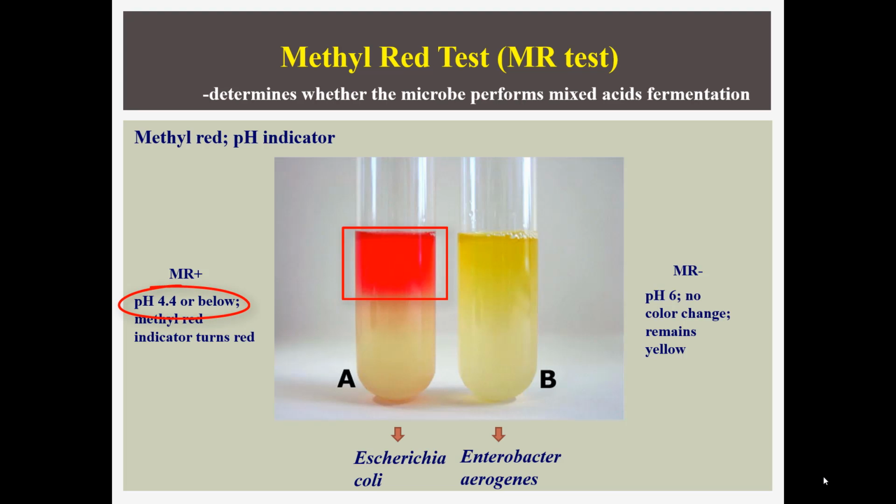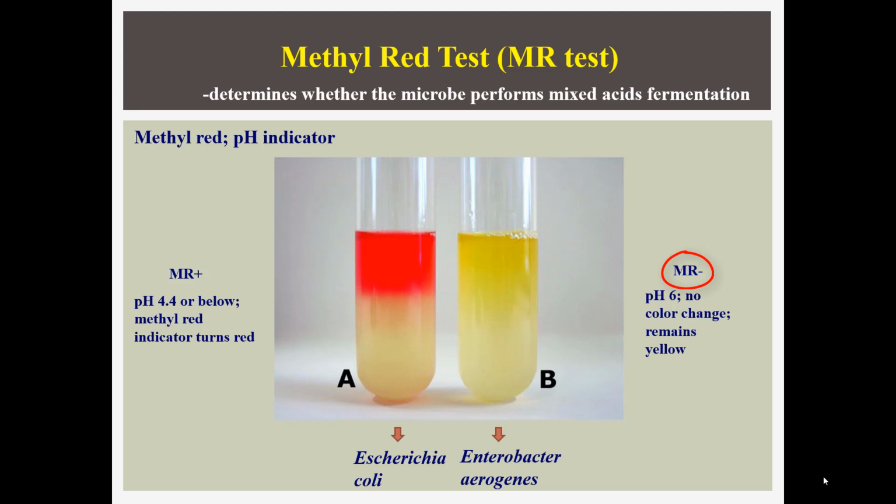The pH at which methyl red detects acid is considerably lower than the pH for other indicators used in bacteriologic culture media. Thus, to produce a color change, the test organism must produce large quantities of acid from the carbohydrate substrate being used.